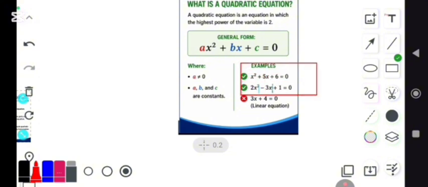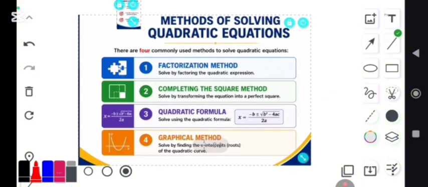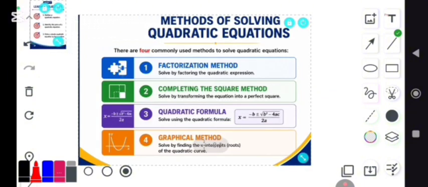The ones I am highlighting now are quadratic equations, but the one under is not a quadratic equation. Take a look at it very well again. The one under is not a quadratic equation, but this one up here is a quadratic equation.